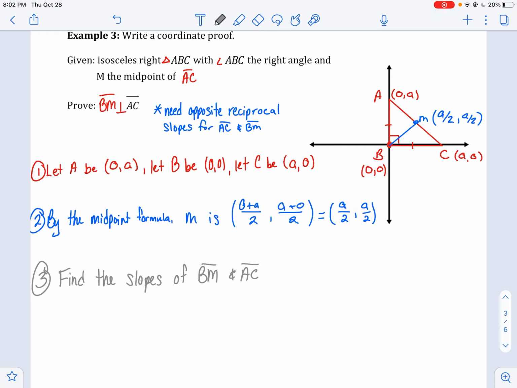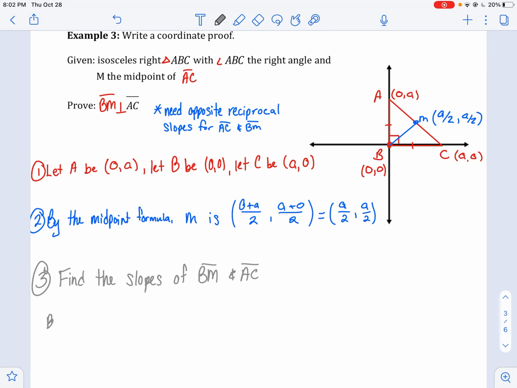And with each step, really what you're doing is you're identifying what is your process. So what are you finding first? You're finding your coordinates. Then once you have your coordinates, what do you need? You've got to find your last coordinate. And once you have those coordinates, in each step, you're just telling me what algebra you're going to do. So here I'm just telling the reader of this proof that I'm going to find the slopes of BM and AC.